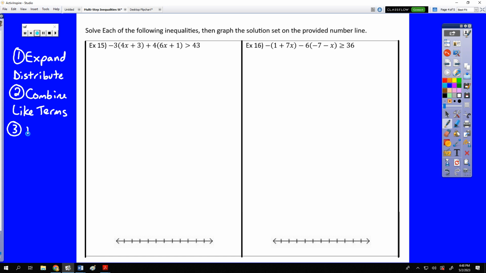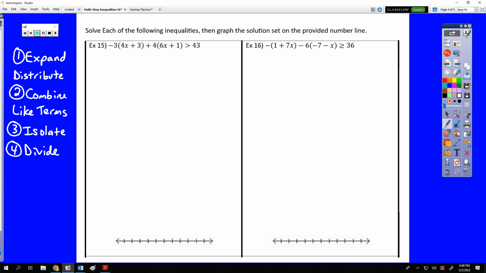After that, we are going to isolate the variable by moving the x to one side and the number to the other. And then finally, we will divide to get x. Now remember that with an inequality, if we multiply or divide by a negative number at any point in time, we have to reverse the inequality symbol.